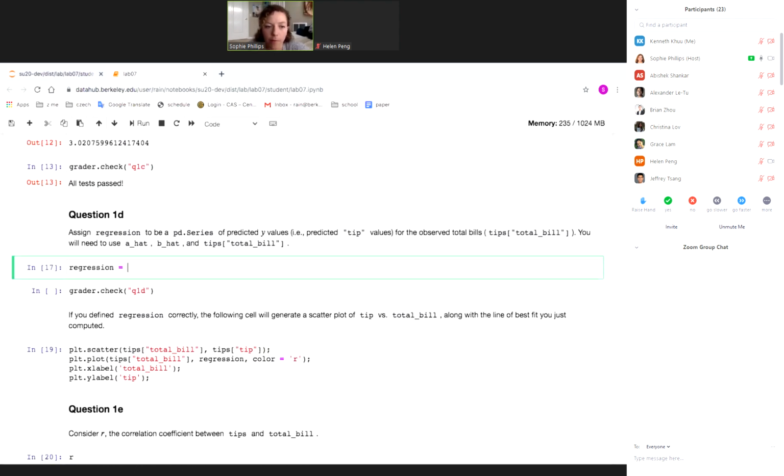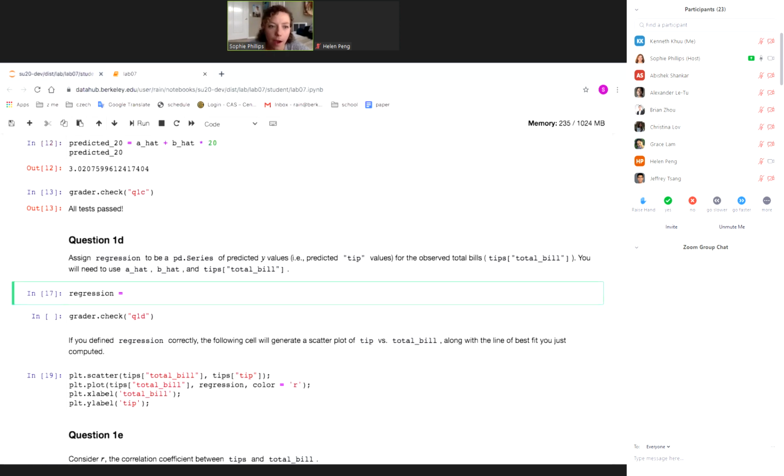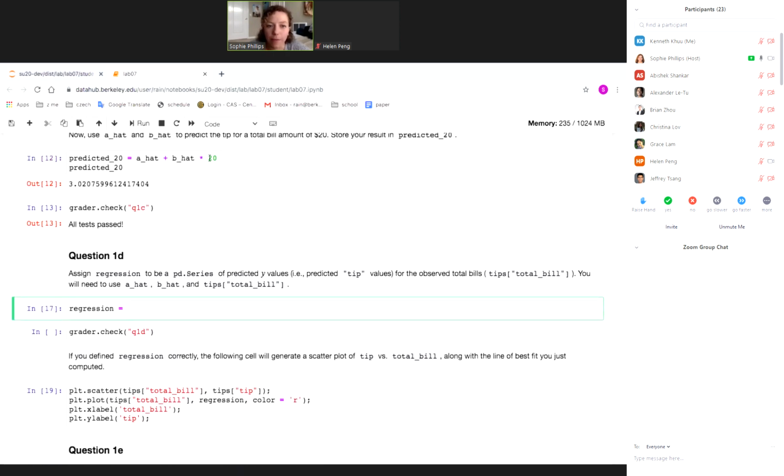Now we want to do this not just for one value, but for all the total bill values in the data set. Luckily, Python allows vectorized operations: instead of the single integer 20, we can substitute in an array of values, and it will perform the operation as it does for a single one.